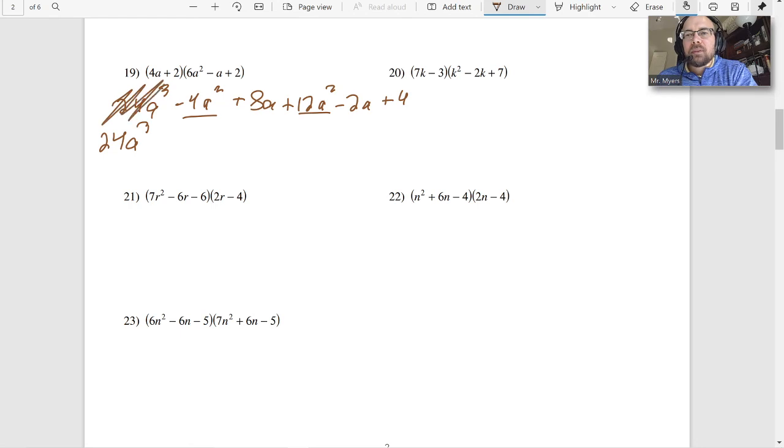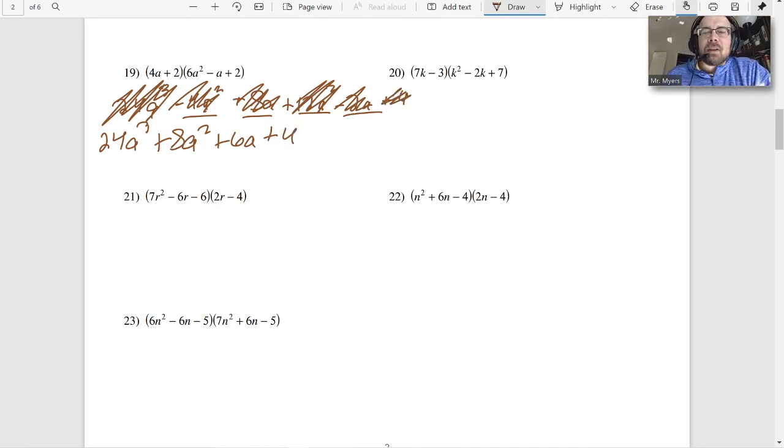So what helps sometimes is to get rid of them as you go. Negative 4 plus 12 is plus 8. Plus 8a squared. Okay, and then we have 2a terms. 8 minus 2 is 6. And then we just have that 4 left over. All right, and that was everything.